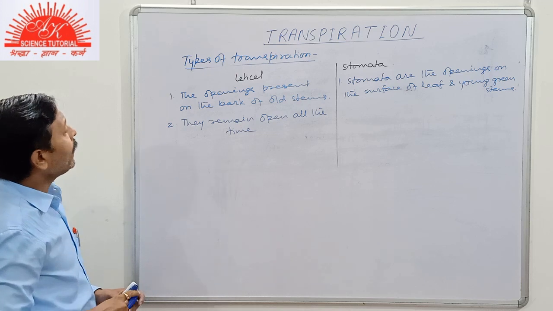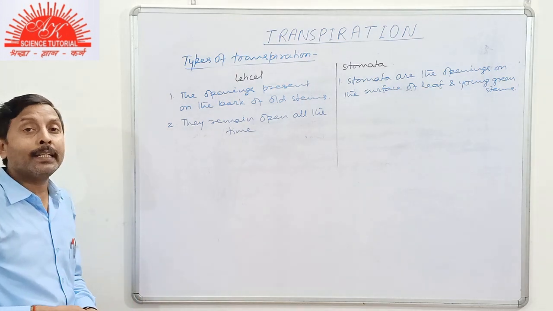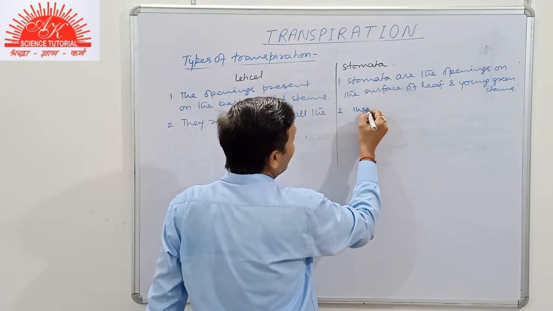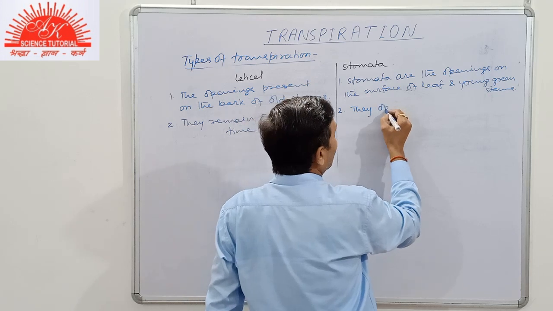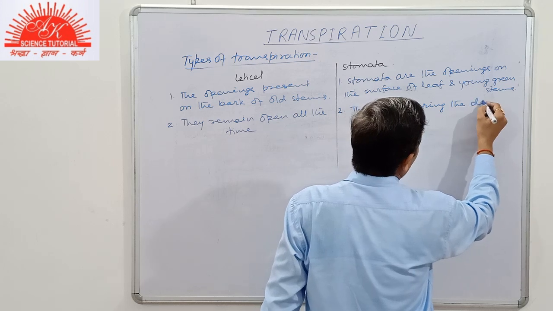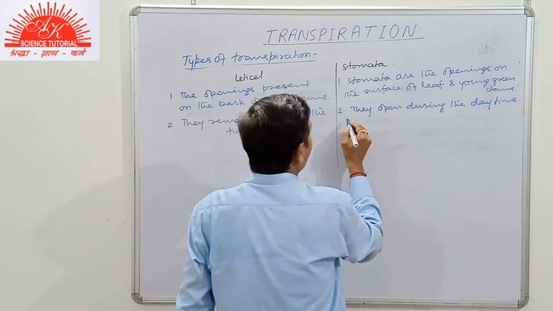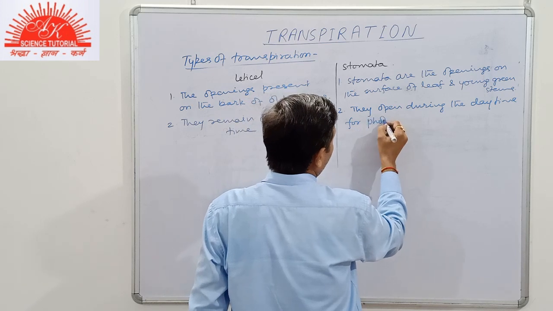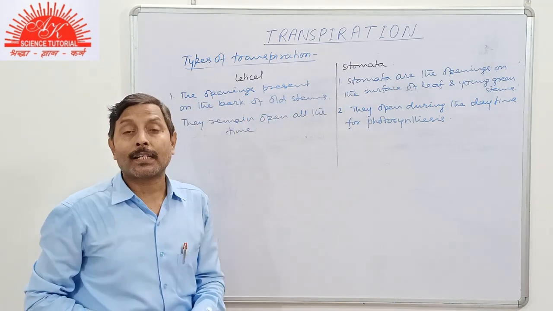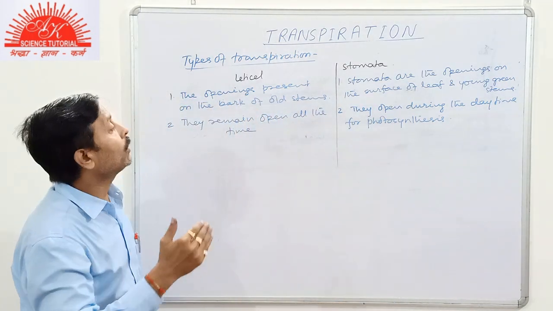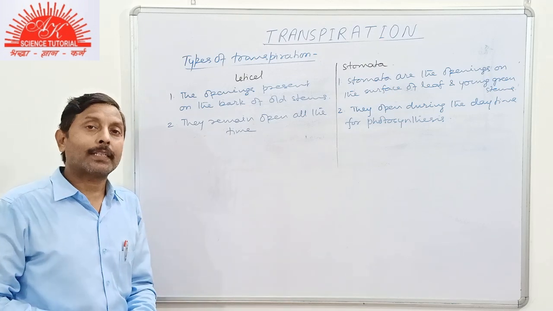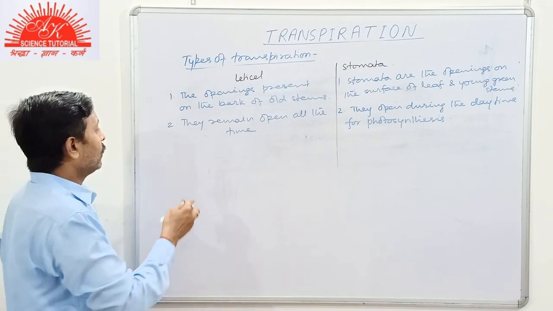Their opening and closing is not regulated by any structure, but stomata open during the daytime for photosynthesis. Stomata allow diffusion of CO2 for photosynthesis, and through the opened stomata transpiration also takes place.